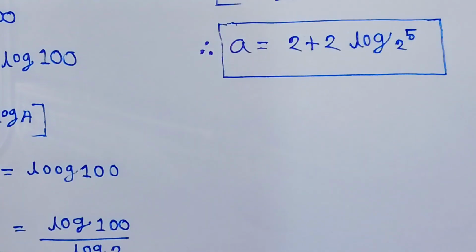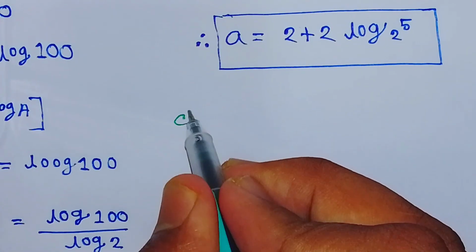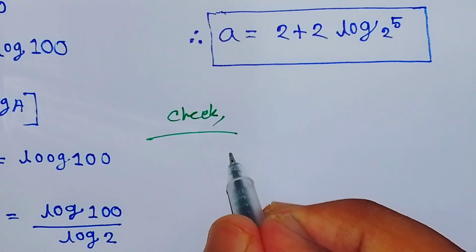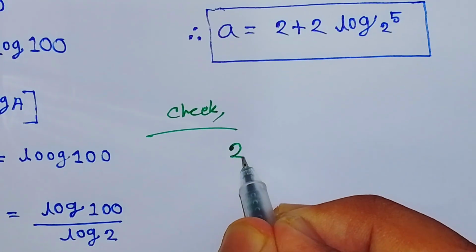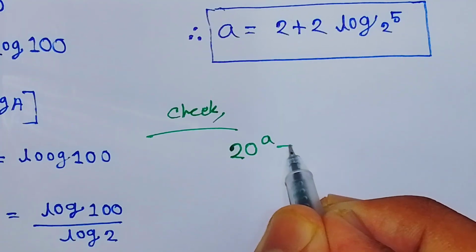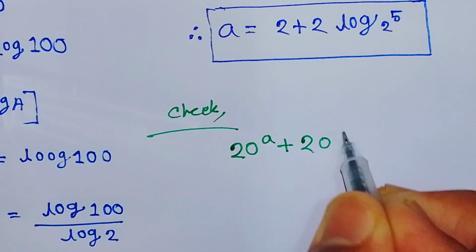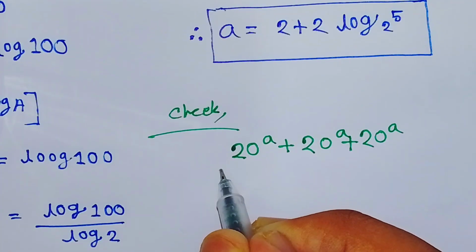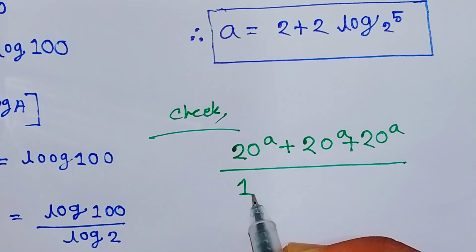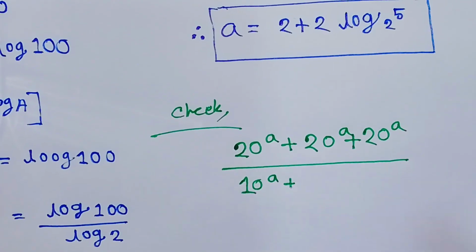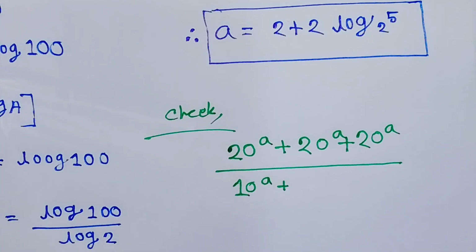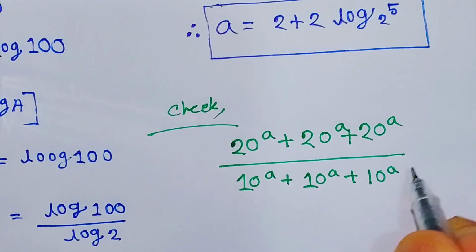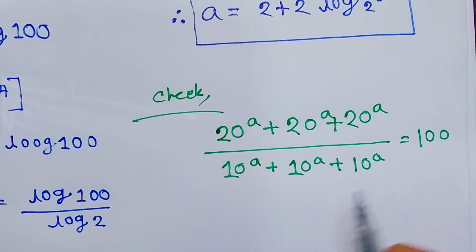So now we have to check the answer. Then we have to rewrite the equation: 20^a + 20^a + 20^a, divided by 10^a + 10^a + 10^a, equals 100.